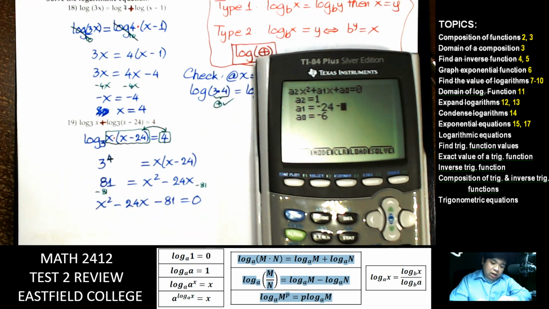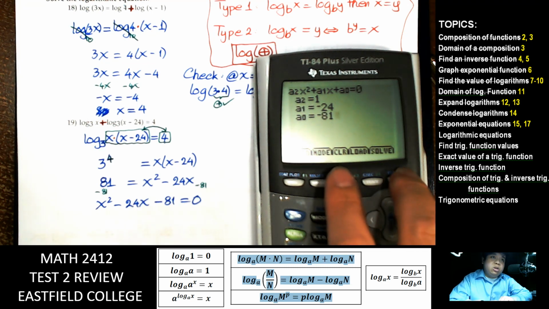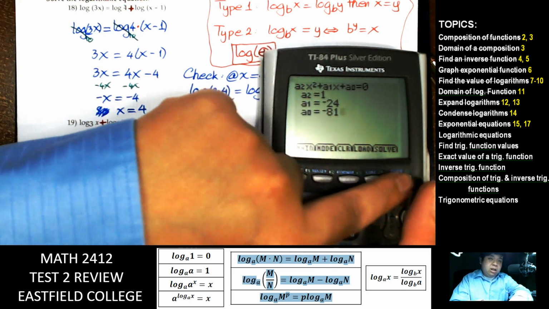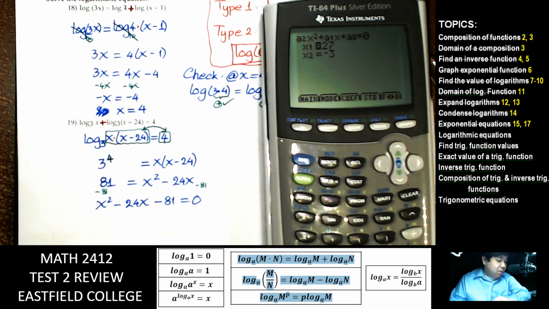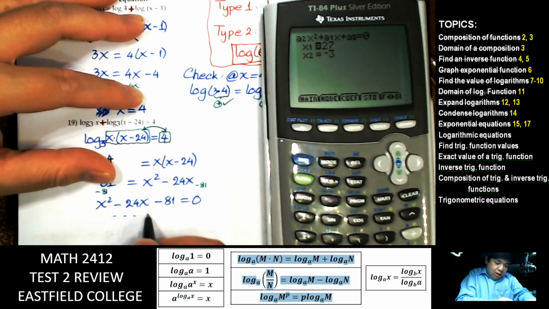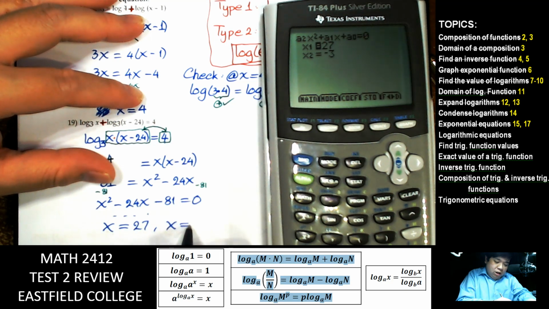And then minus 81. Oops, sorry. And then we hit solve. Like I said, operate using the lower menu option. And we have 27 and minus 3. So we just say x equal to 27 and x equal to minus 3.